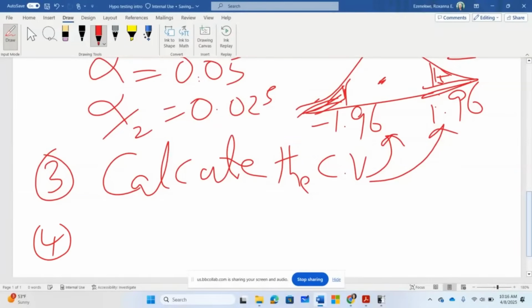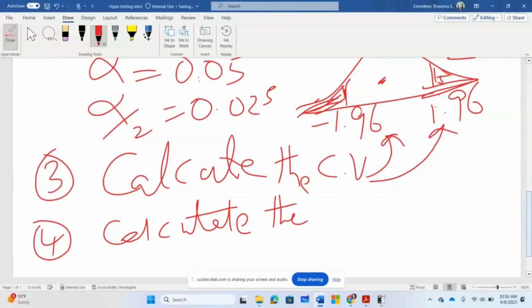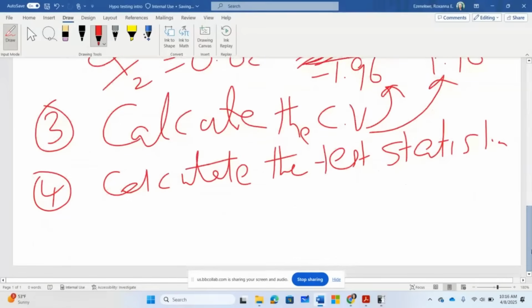Number 4, calculate the test statistic. The test statistic can be a T or a P or a Z. In this question, we are doing a P, so the test statistic must be the P test statistic. And what is the formula? You must know the formula, and you must know the condition. First of all, your condition has to be met.